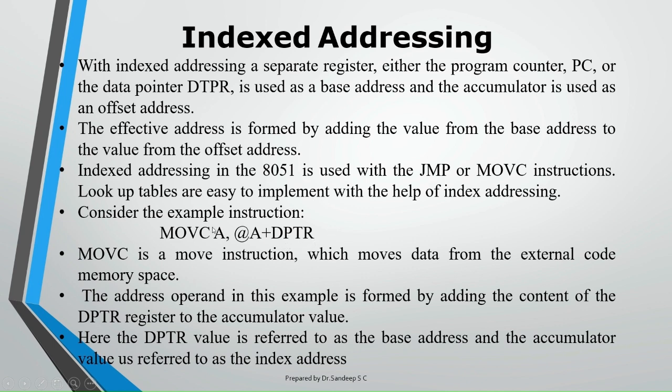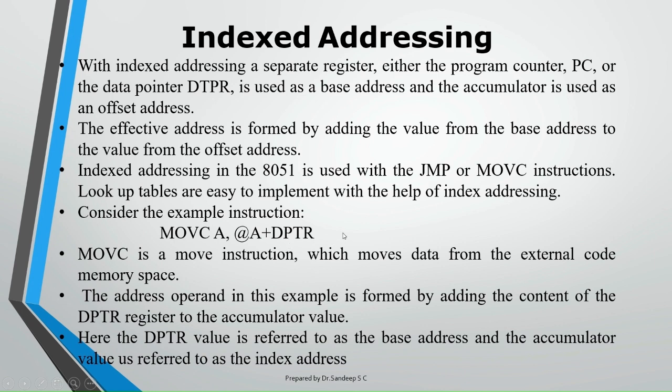Then I will access from that location. So in simple words, just understand, we will have two addresses here, base and offset. The offset address is added to the base address, then we'll get the actual address. Whatever is there in that memory location, we will read the content of that memory location, and then transfer that to the accumulator. Only the extra thing is this addition of the offset.